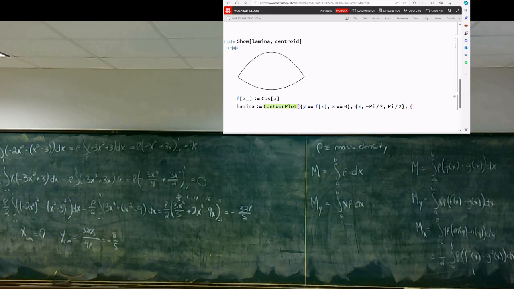And what should y go from? What do we think for this region? That's too large. Should it just be negative pi over 2 to pi over 2?